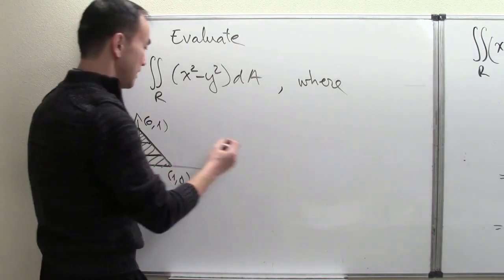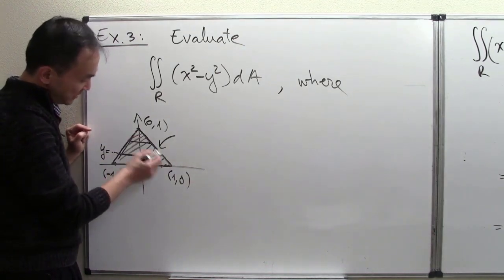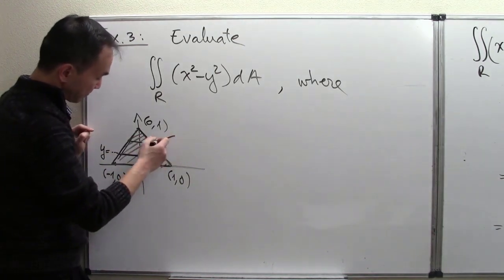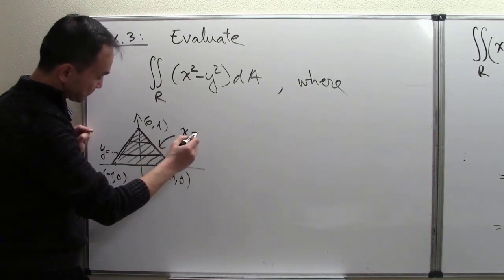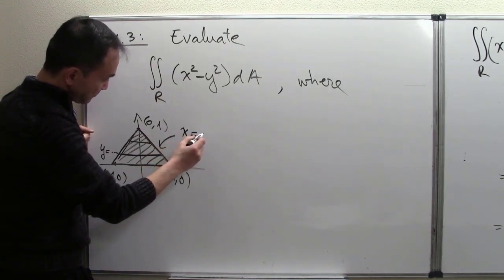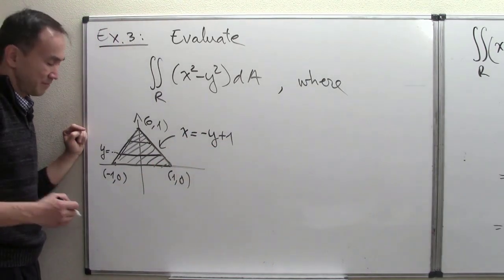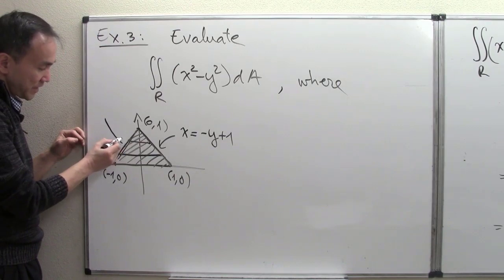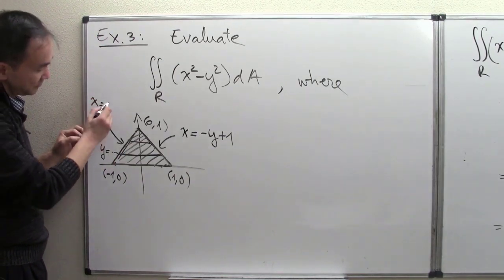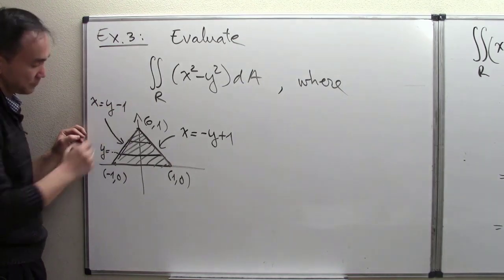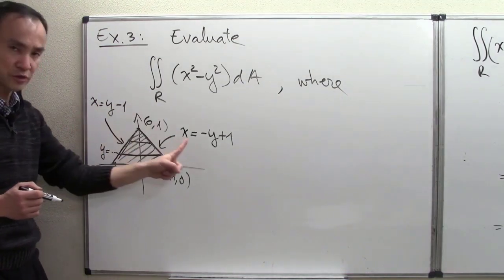Now I'm seeing this left curve as a function in terms of y: x equals minus y plus 1. This right curve is x equals y minus 1. So this is the left curve, this is the right curve.